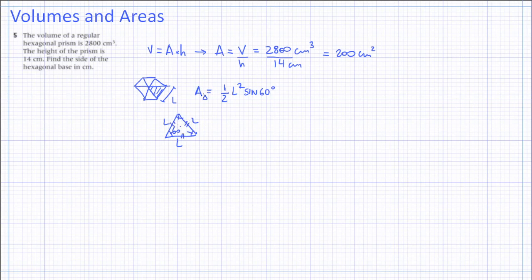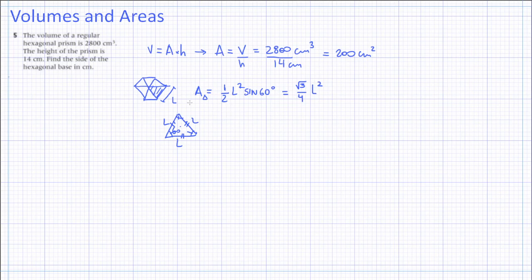So this is the area of one of the triangles, and if we work that out, we would have root of 3 over 4 L squared. Now we don't know the side. This is exactly what we're looking for.